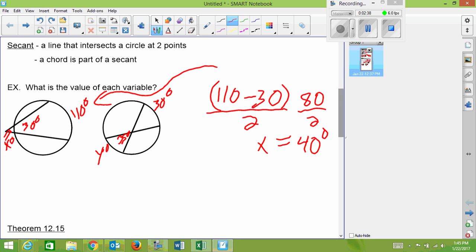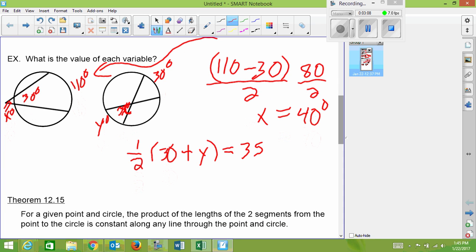So I'm going to do 1/2 of 30 plus y equals 35. Because 35 is actually this inside. I know that's hard to tell, but the 35 is supposed to be that inside one, so it's the answer to these two added together, the 30 and the y.